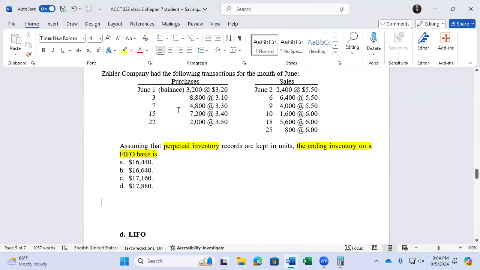So we're looking at this and we're saying, okay, we want to know the ending inventory and we've got our sales over here, and let's just total up our inventory. $3,200 and $8,800 would be 12,000. Another 48 would be 15,000, 22,200, 24,200. Check my math there.